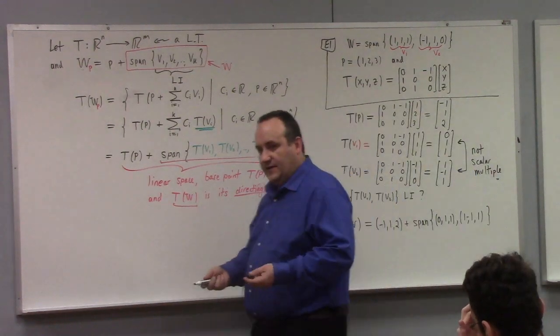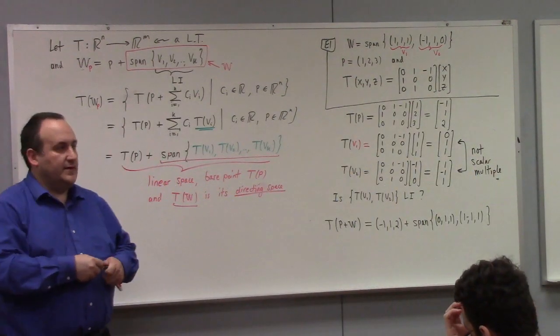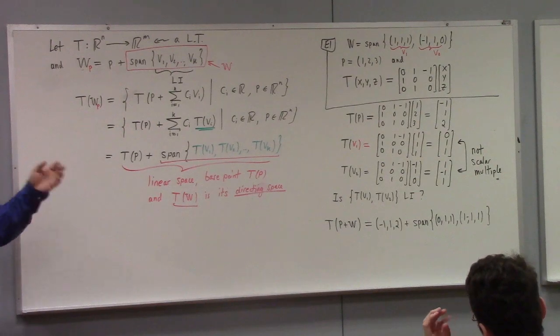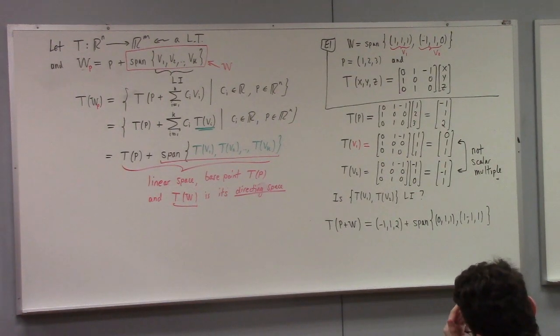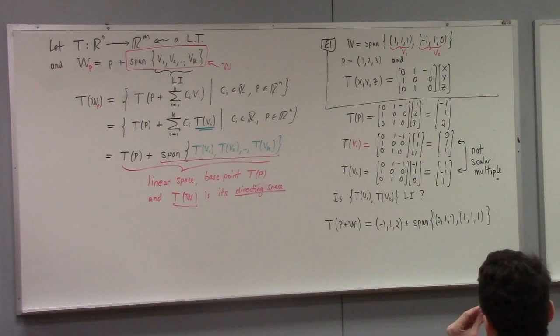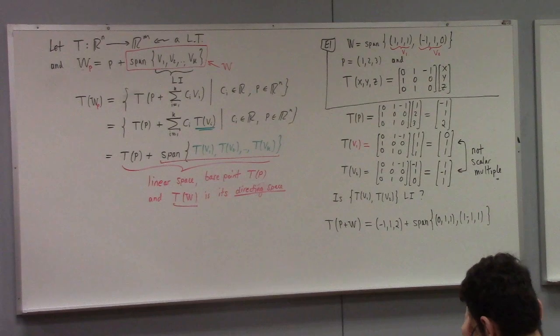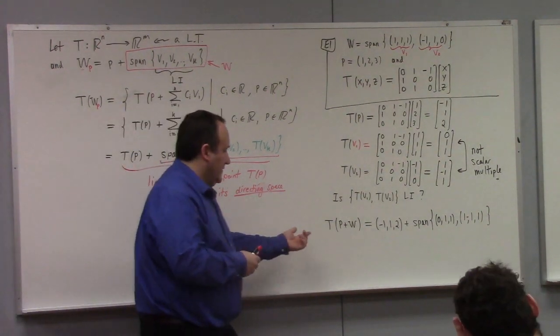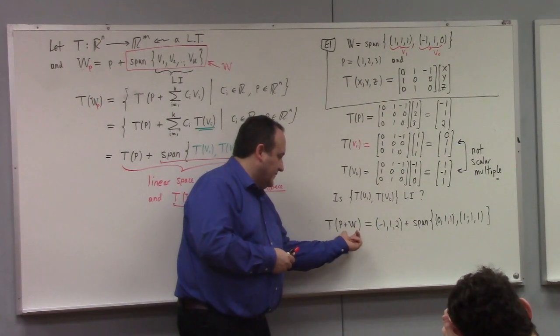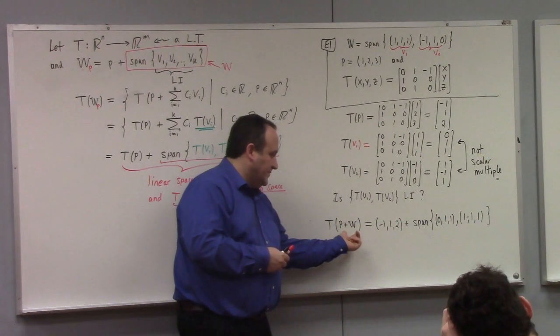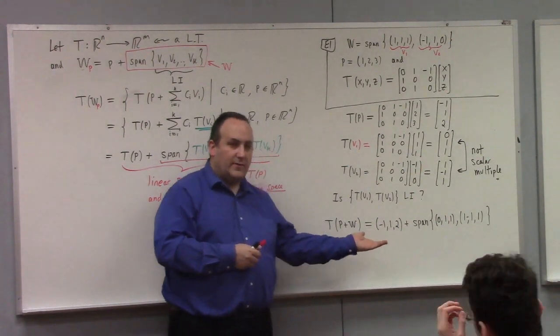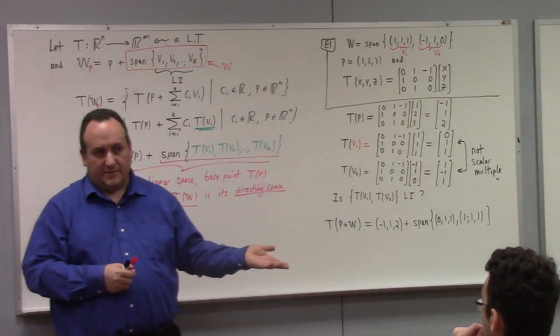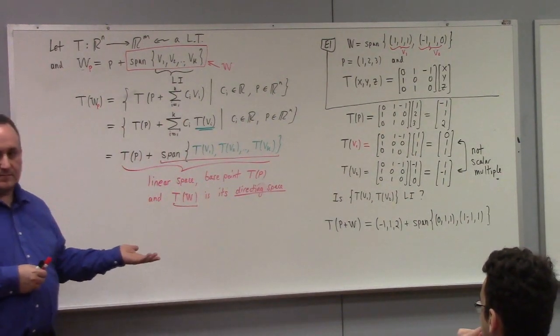So in this particular case, it looks to me like the image under the linear transformation, the image of the linear space, namely T of P plus W, is again a linear space. What's the dimension?